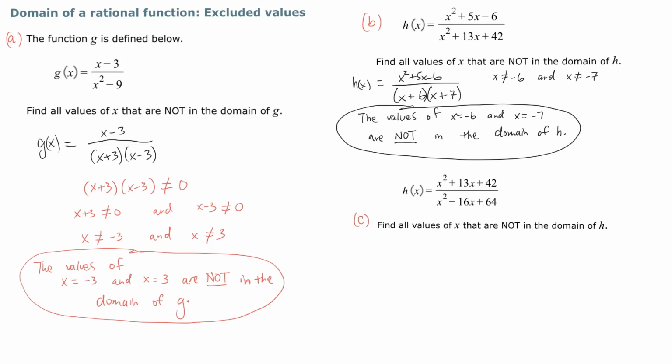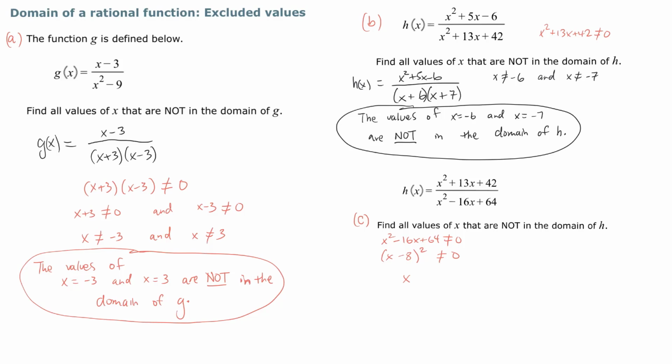Now we have a different function, a different h of x, and we're going to start off in a very similar manner. x squared minus 16x plus 64 cannot be 0, right? I should have written that up here as well. We could factor this. This is a perfect square trinomial. So x minus 8 quantity squared cannot be 0.